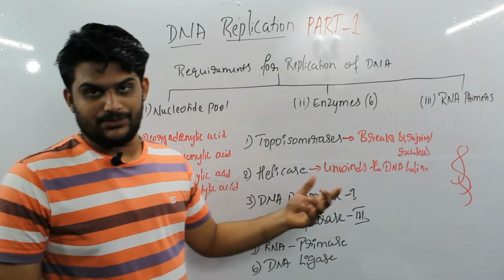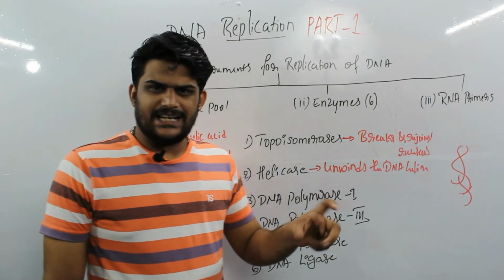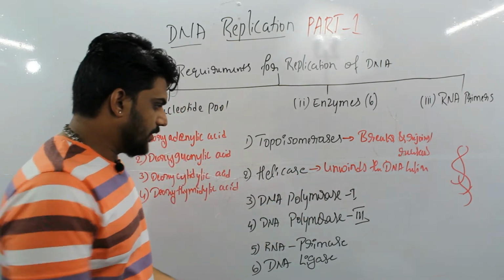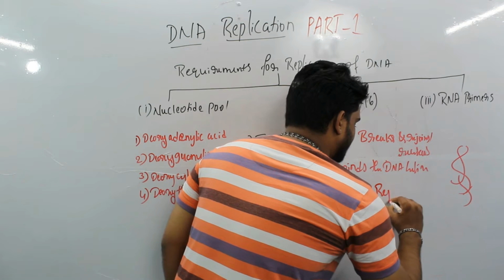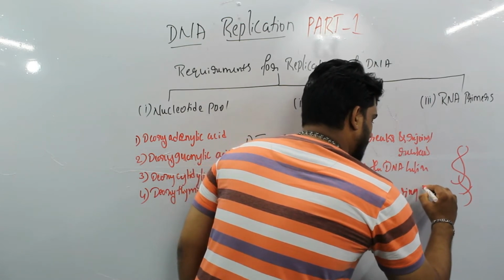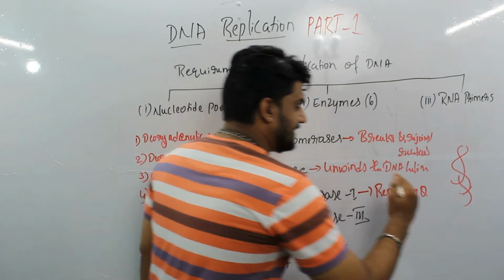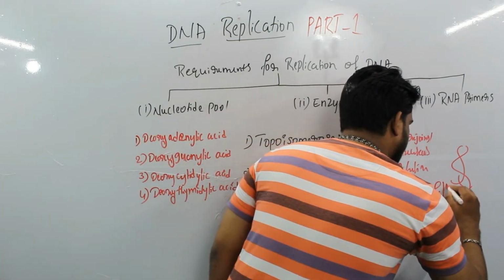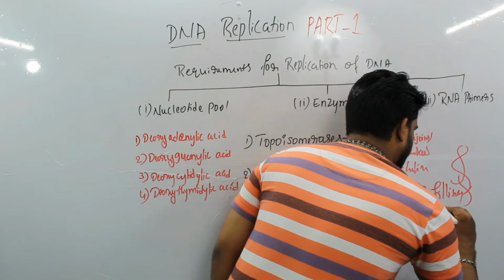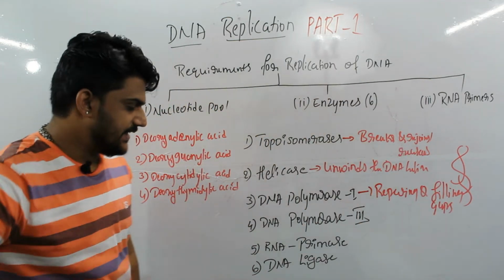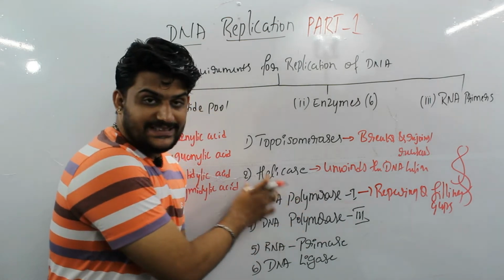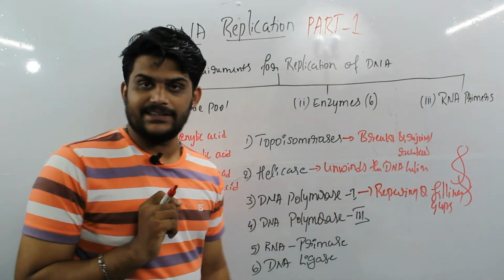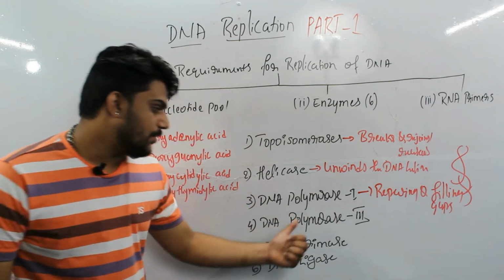So whichever little bit of damage is there will be repaired. That means repairing, and also it does the filling up of gaps between the nucleotides or the DNA strands. So this DNA polymerase 1 is also known as the repairing enzyme.